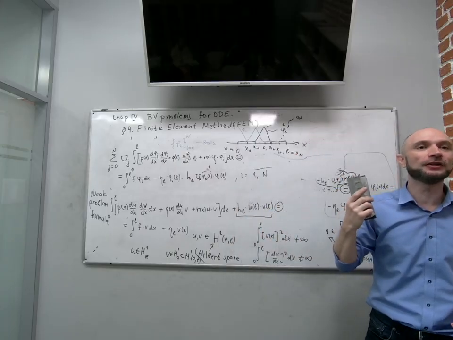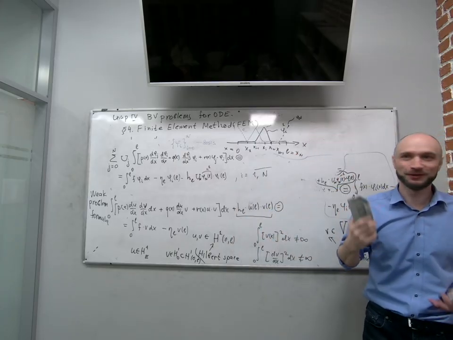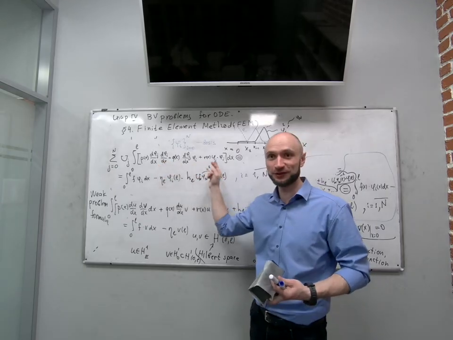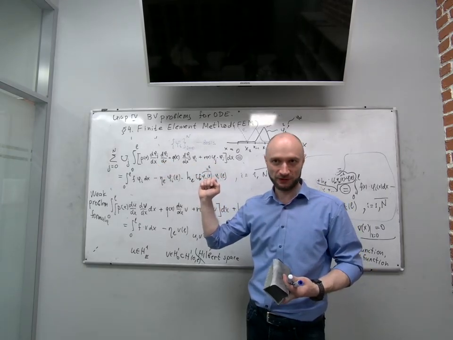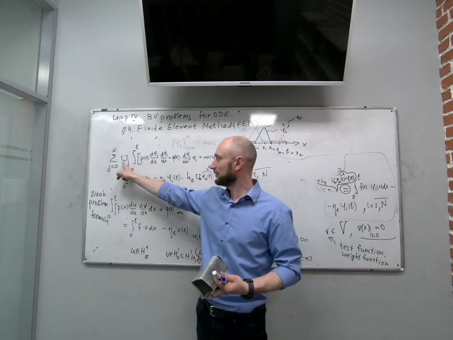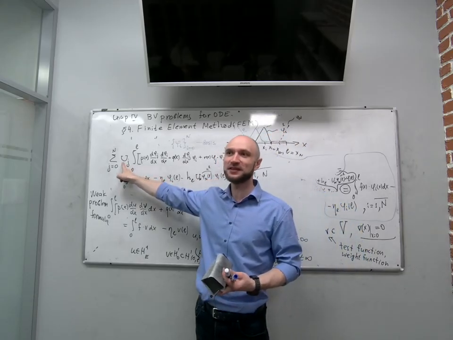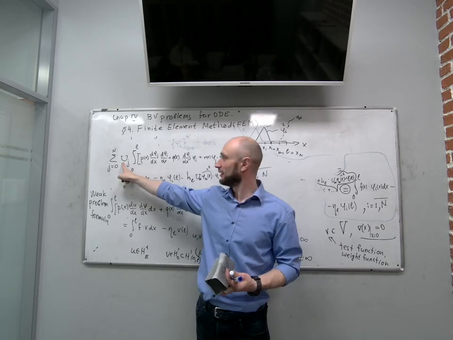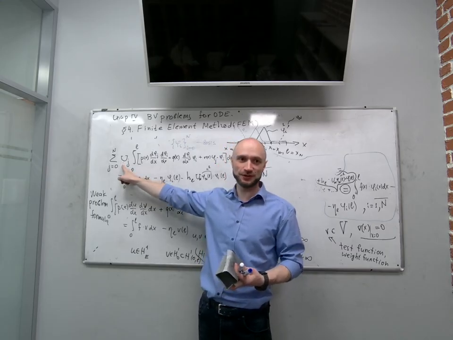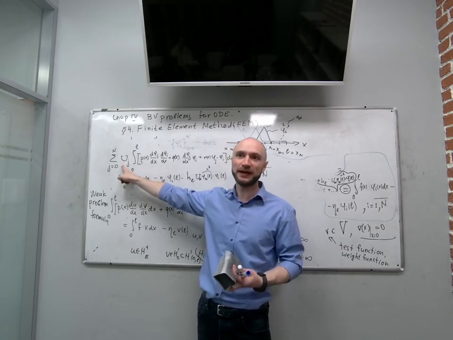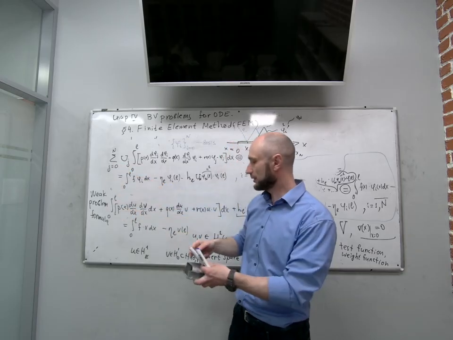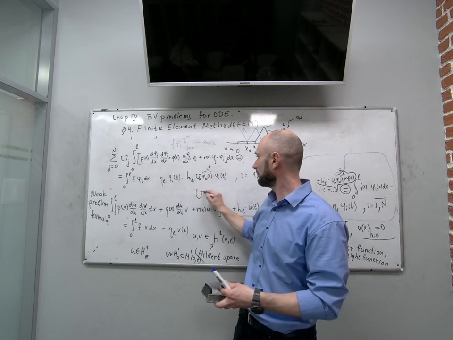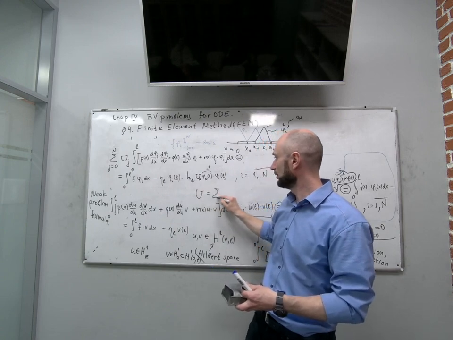We can calculate this number. We know everything under the integral, all the functions. The only things that we don't know are the set of these coefficients. And if we find these coefficients, we will be able to represent an approximation to the solution in this form.